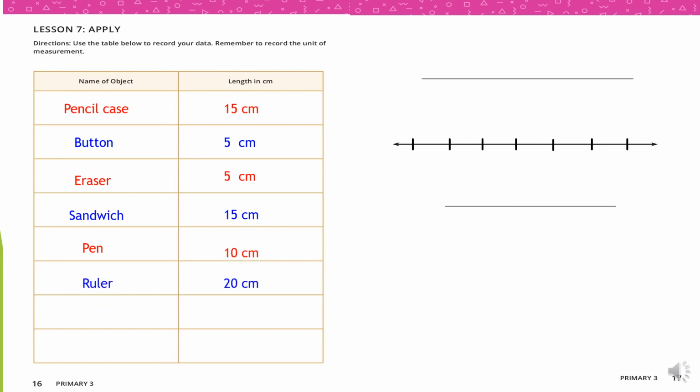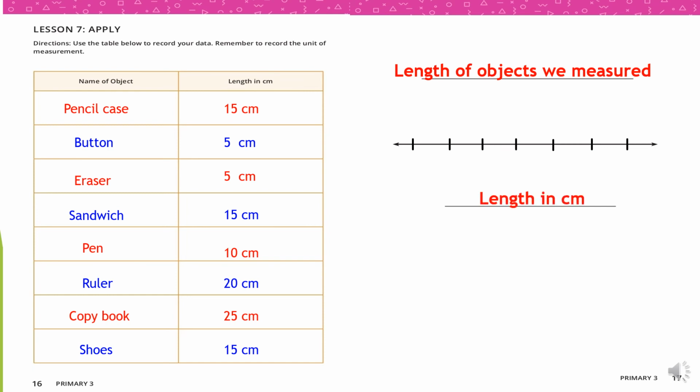Ruler, 20 centimeter. Copybook, 25 centimeter. Shoes, 15 centimeter. So we will make here a line plot using this table, and its title will be length of objects we measured, and the label will be length in centimeter.